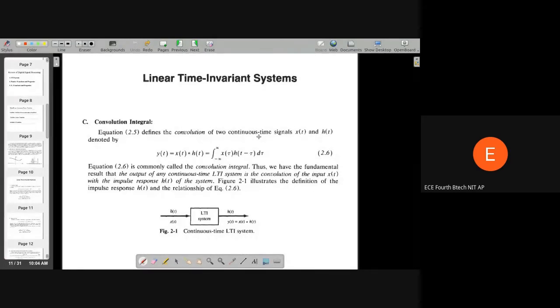Basically, it allows us to predict the output of an LTI system. Any input, because of Fourier, we can represent in terms of sinusoids, and an LTI system will give the same sinusoid as output with its amplitude changed.